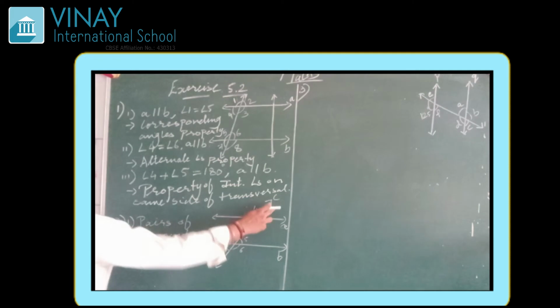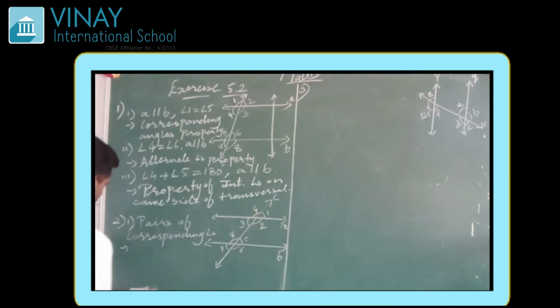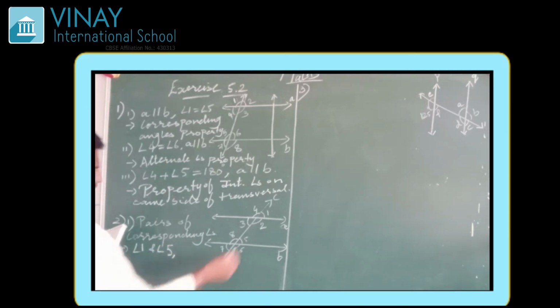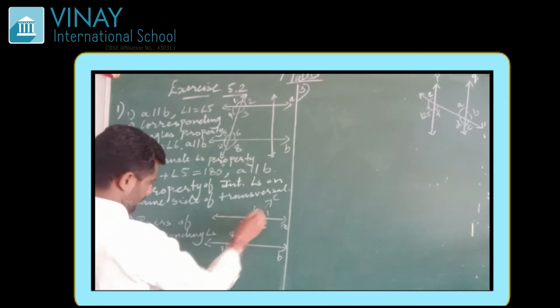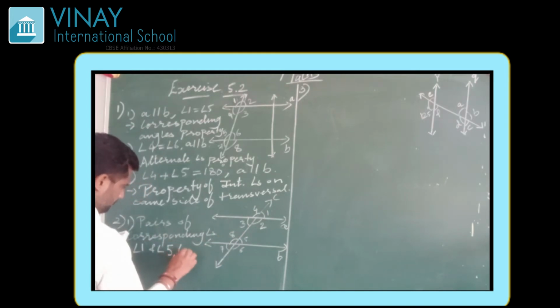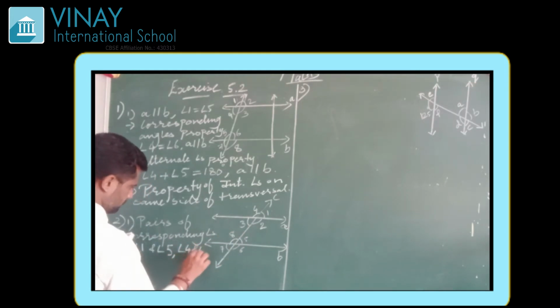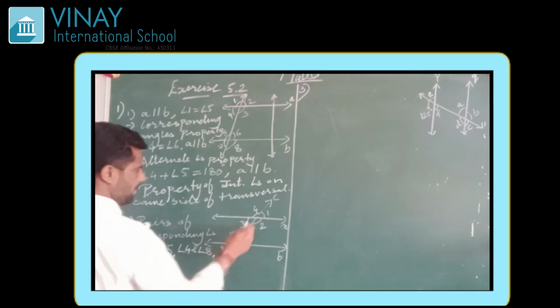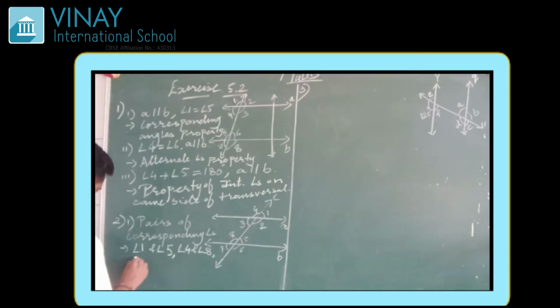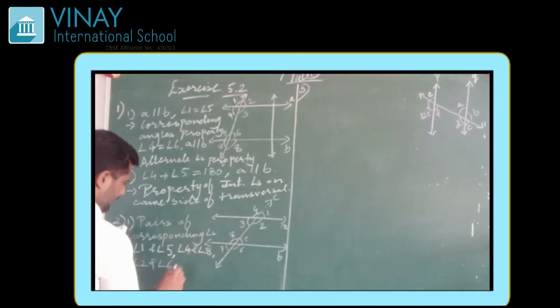Just now we found the pair of corresponding angles, angle 1 and angle 5. Then angle 4 and angle 8. Then angle 2 and angle 6. And angle 3 and angle 7.